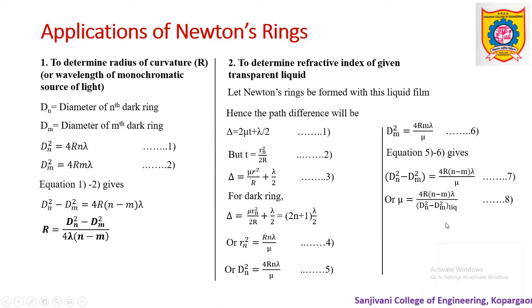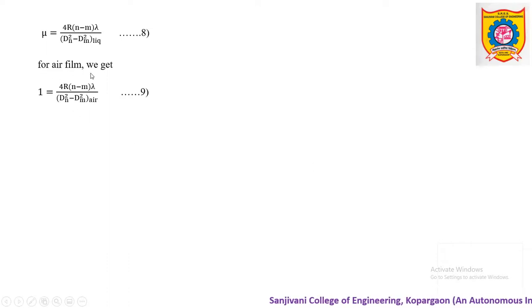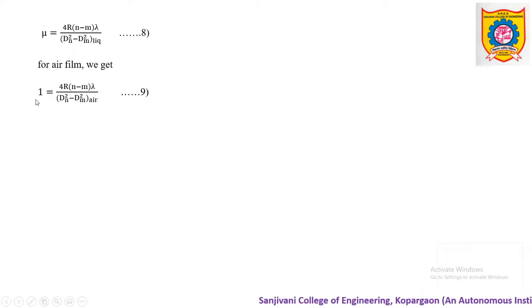If the same experiment is repeated for an air film, then the equation will be the same with mu on the left-hand side replaced by 1, since equation 8 is for liquid and now it is for air film. Thus by dividing equation 8 by 9, we get the desired formula of mu.